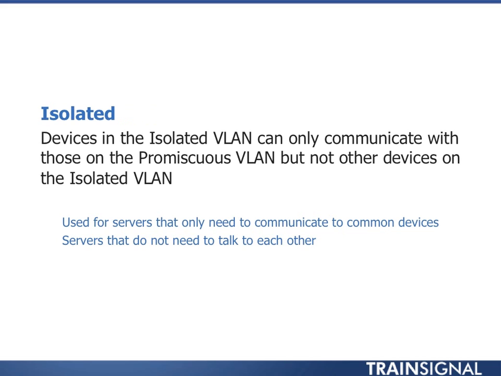Isolated. Devices in the isolated VLAN can only communicate with those on the promiscuous VLAN, the router, the firewall, but not other devices on the isolated VLAN. So let's say I had a group of independent servers. I had 3 FTP servers. They don't need to talk to anything because I'm afraid they'll get exploited and somebody will use them as a jump point. They don't even need to talk to each other. The only thing they need to do is talk to the firewall.